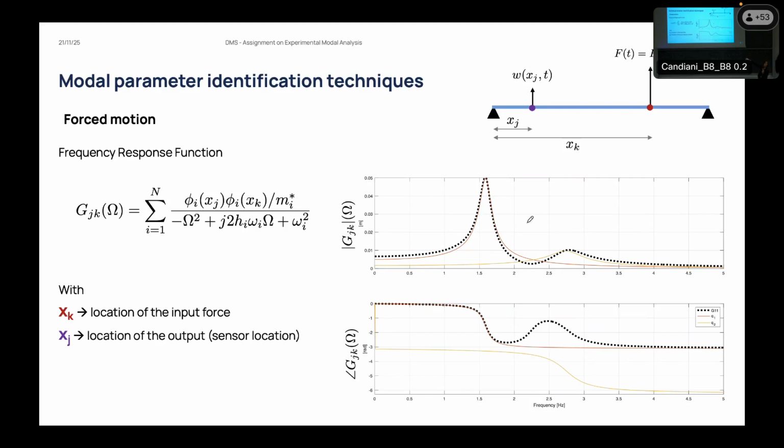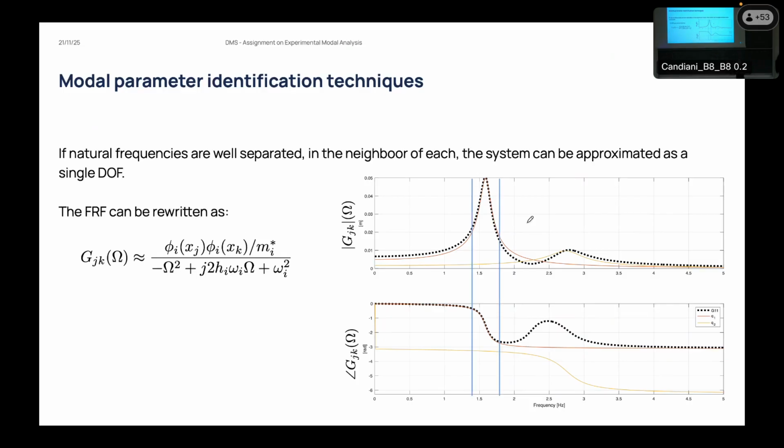of phase. So from this, what we can say is that if we are in the neighborhood of one of the resonance frequencies, we can still rely on this relation here. But what we can do is to delete the summation and just focus on the resonance frequency.